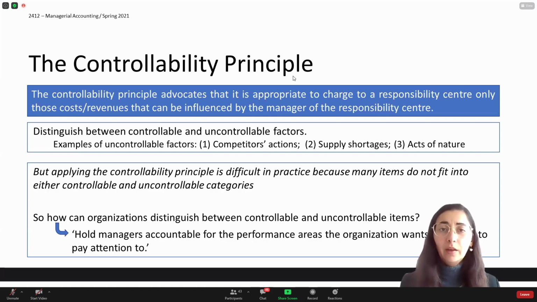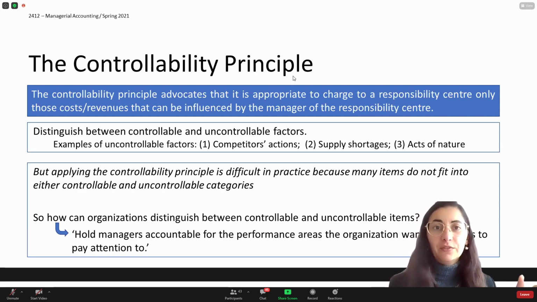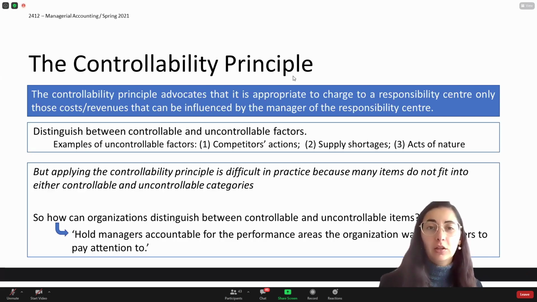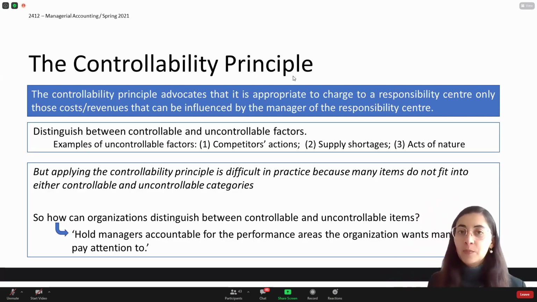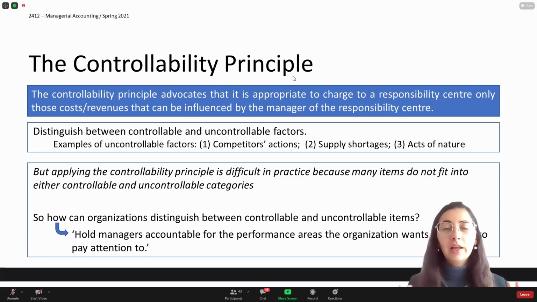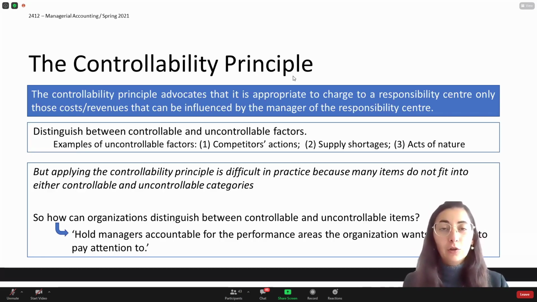So what will we think about the manager? Okay, the manager cannot control that the competition is launching these very efficient electric cars, which are cheaper than the others. But it is general knowledge that the industry as a whole is moving towards electric cars, and they are investing in this side of the business, and we are not doing anything.